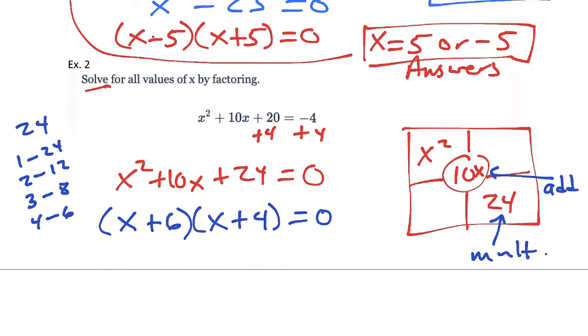And only one of those combinations adds to get 10 when both values are positive. 2 and 12 could do it, but one of them would have to be negative. But we don't have that situation. So we end up with this. Well, that just means x is equal to negative 6 and negative 4. Those happen to be the x-intercepts. Those are my two answers, negative 6 and negative 4.